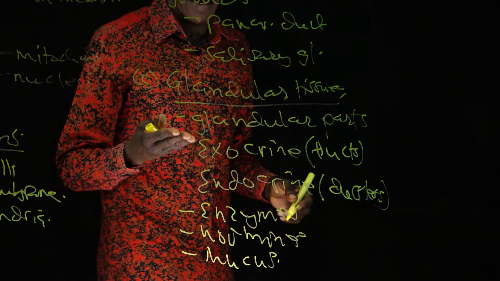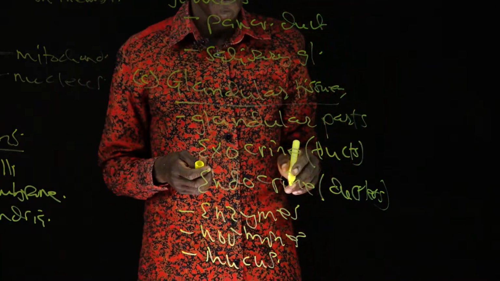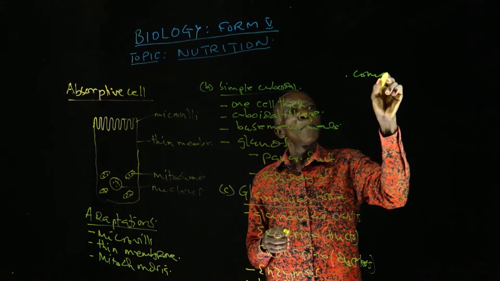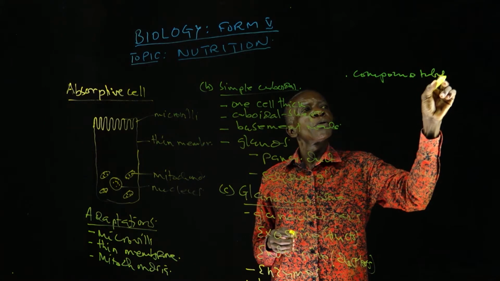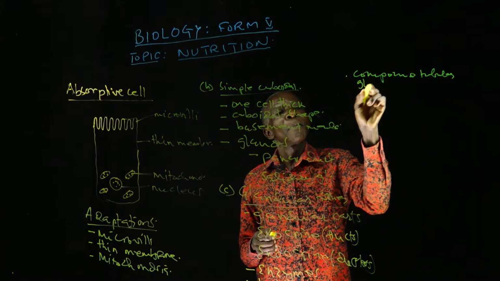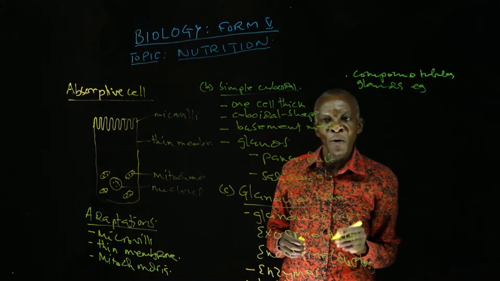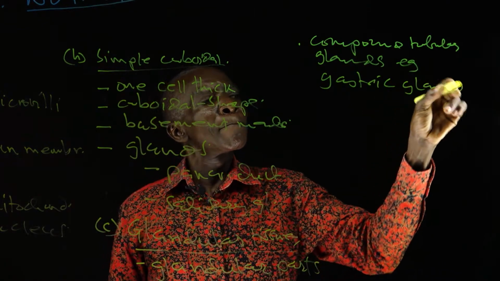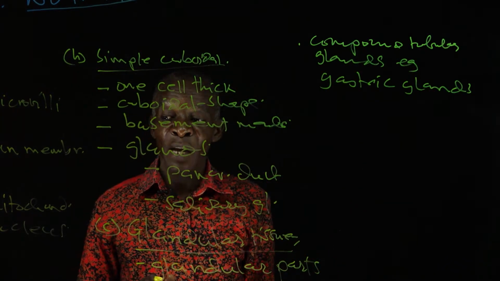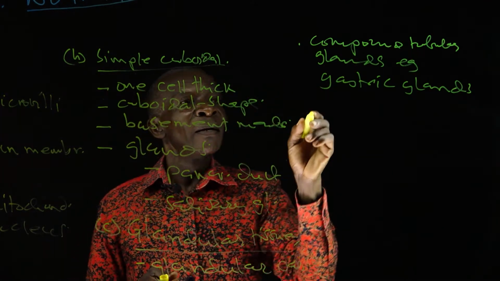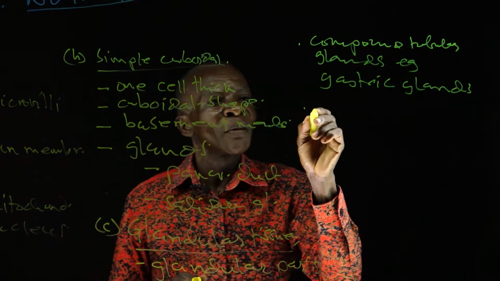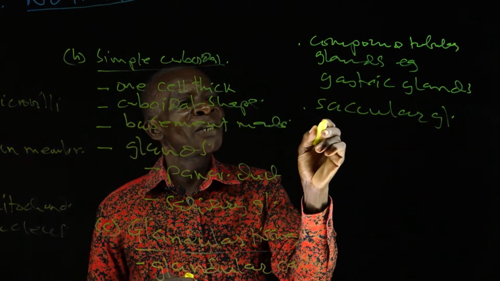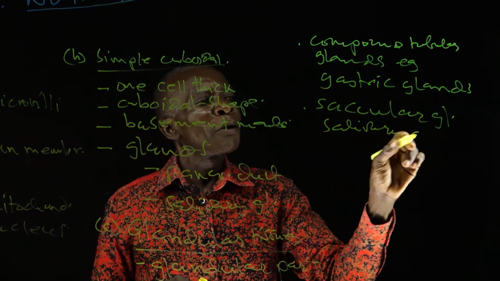So in the alimentary canal, we have compound tubular glands. For example, we have gastric glands. These are located in the gastric mucosa or walls of the stomach. We have compound circular glands such as salivary glands.